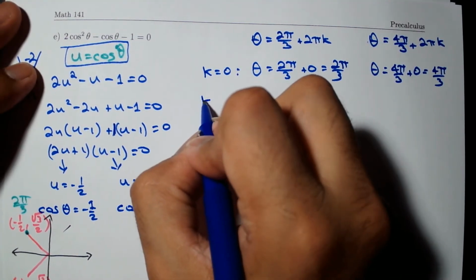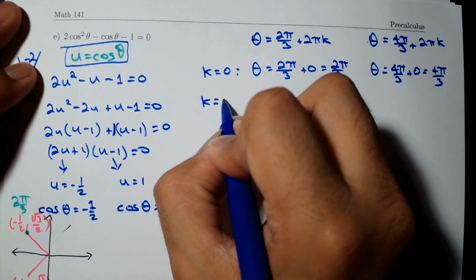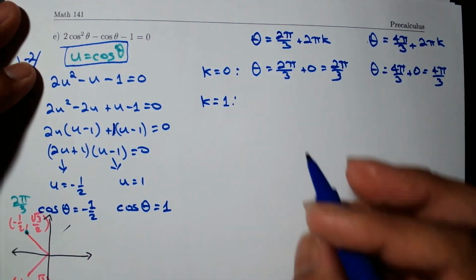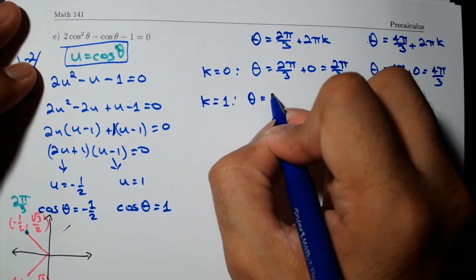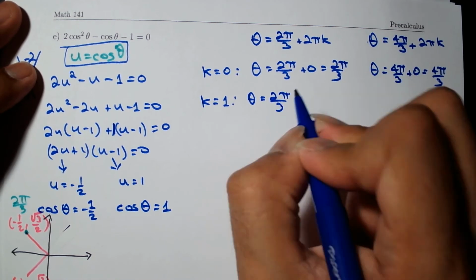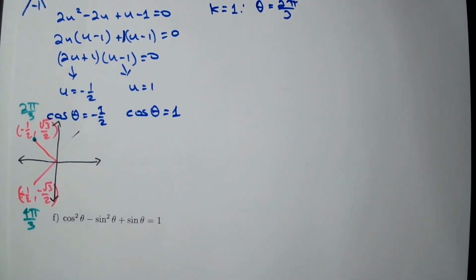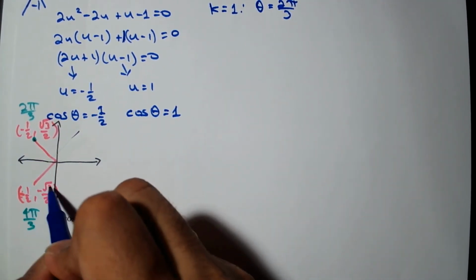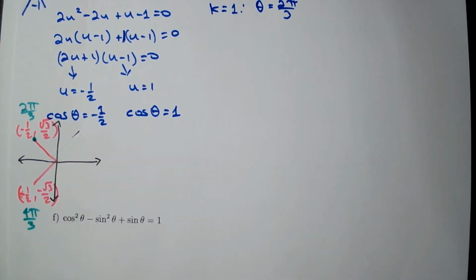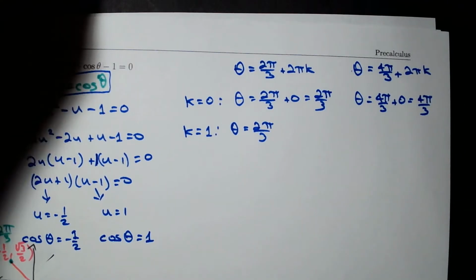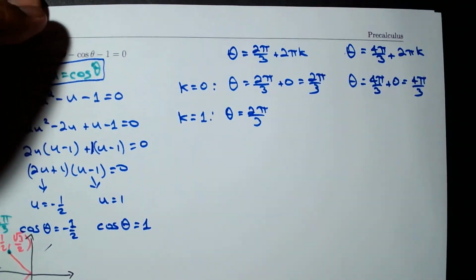Now let's do k equals 1 and see what happens. For k equals 1, theta equals 2 pi over 3, and if you look at this, after one rotation it's going to go past the 2 pi. But let's just do the calculation just to be sure.